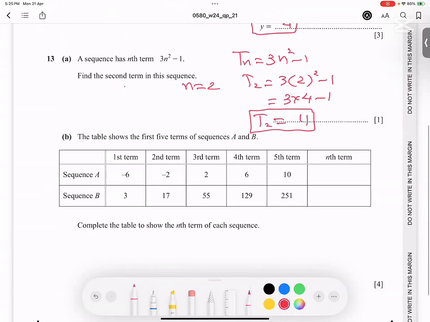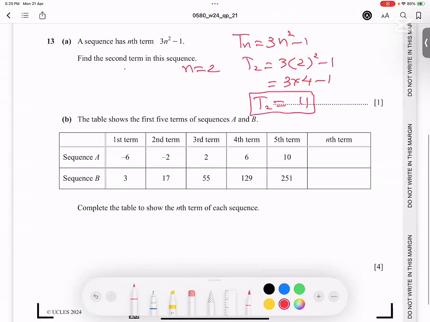Now he's asking us to find the nth term for both sequences. First of all, let's talk about -6, then -2, then +2. If you look carefully, students, I am adding +4 to get the next number.